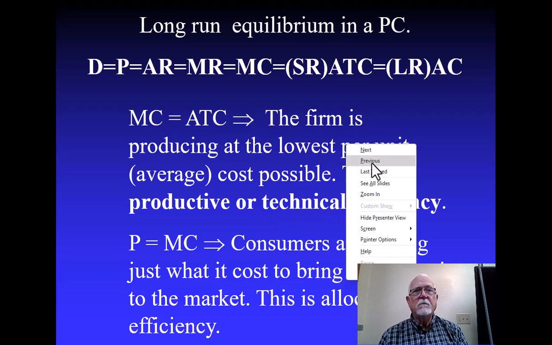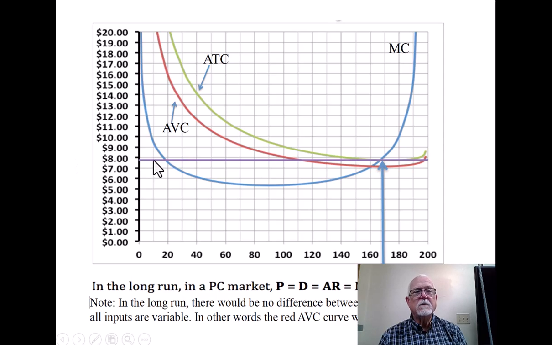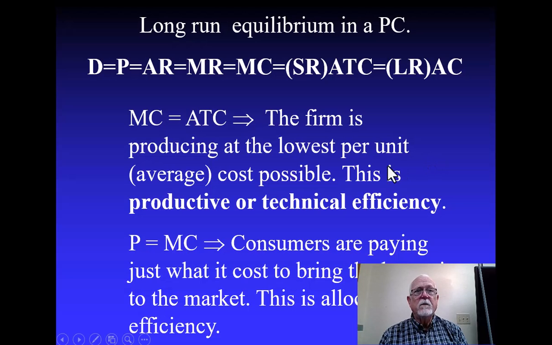Then we can also look at the fact that the price, remember price is equal to demand, equal to average revenue, equal to marginal revenue in a PC, is equal to marginal cost. Remember that's profit maximization. Well, the fact that the price equals marginal cost says that the amount the consumer is willing and able to pay for that last unit purchased is exactly how much it costs that firm to bring that last unit to the market by producing and selling it.